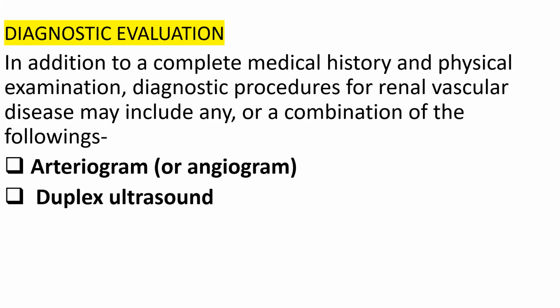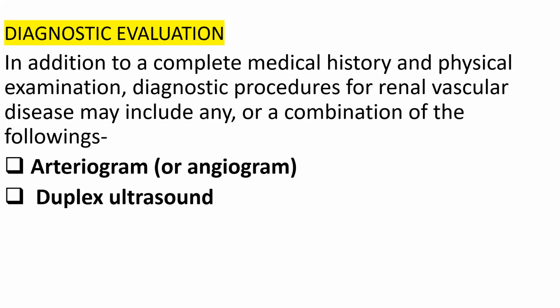Okay, so duplex ultrasound is what exactly? This is the test that is done to check your blood flow, and it is also done to check the structure of the renal veins as well as the arteries. From the term duplex ultrasound, it means that they use two modes of ultrasound.